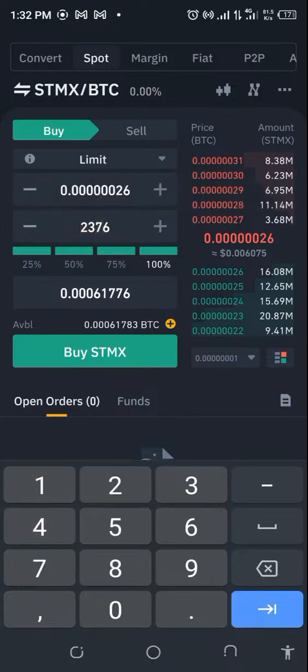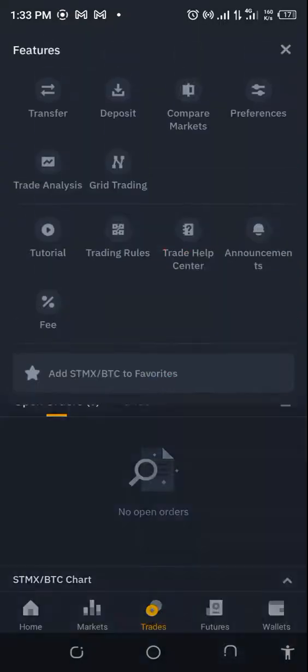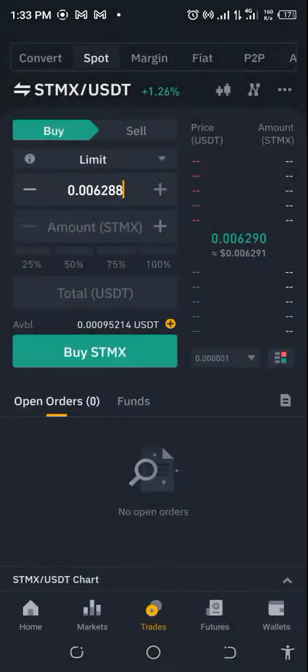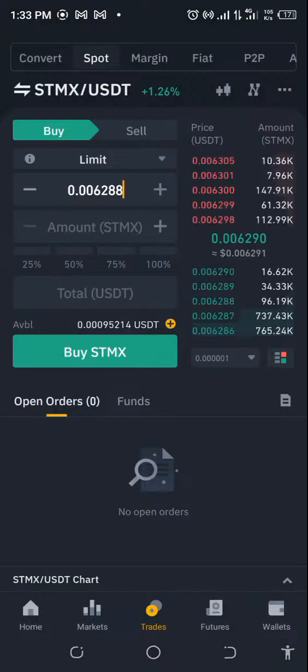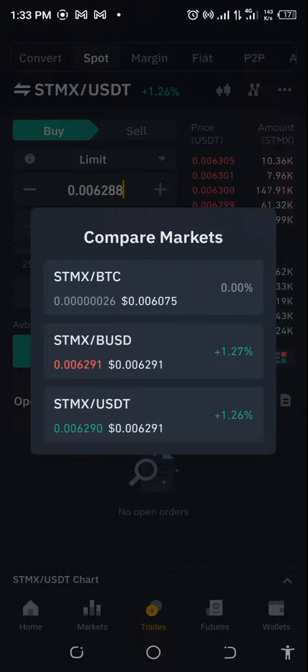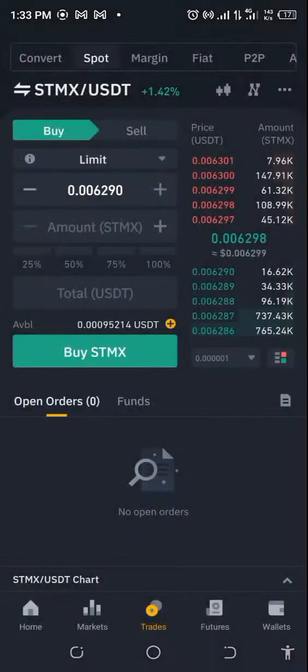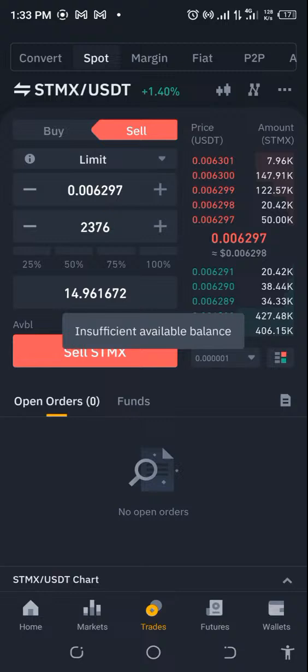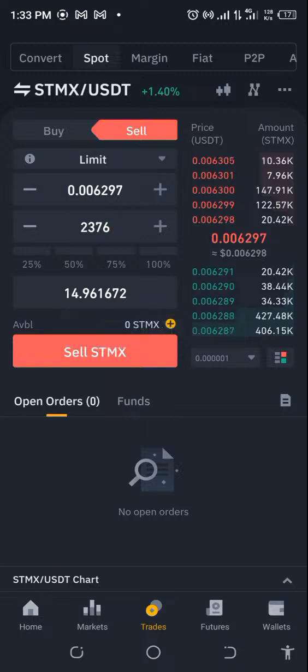I'll copy that and try to sell it to USDT and see what that looks like. Let me check that again. I thought I saw something different. No, okay, it's still the same. So I'm going to sell this to USDT. You can see what we have here is 14.96. Take note of this very, very well.